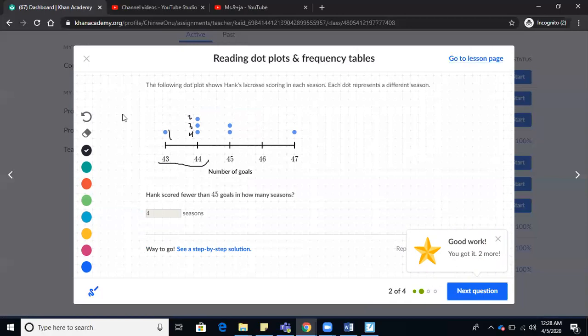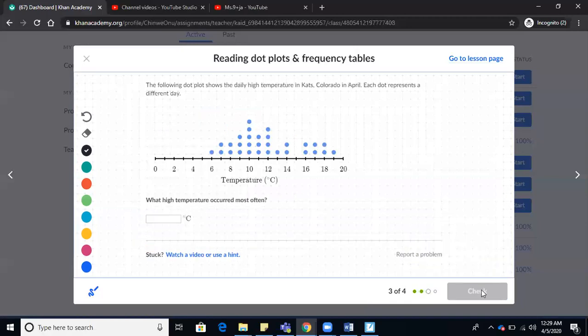Compared to the last section, they're more straightforward, maybe more cognitively easy, if that makes sense.